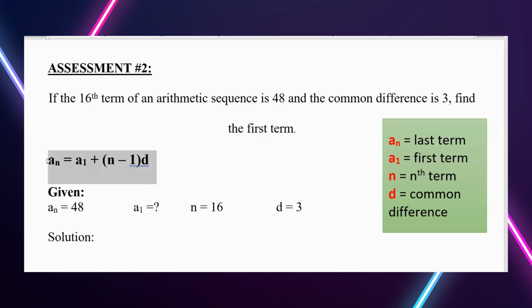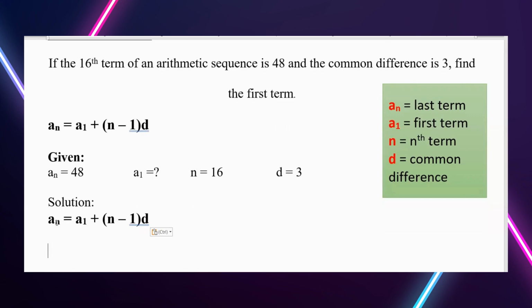Using the formula, we will substitute the values. Our a sub n is 48. The first term is unknown plus the quantity of n, which is 16, minus 1 times the common difference, which is 3.